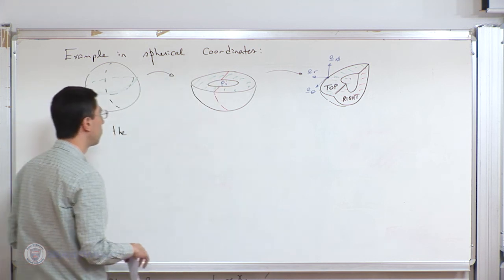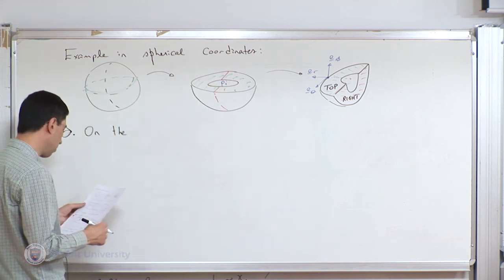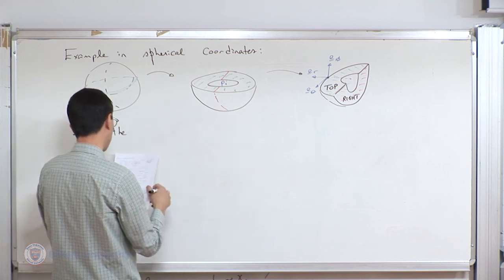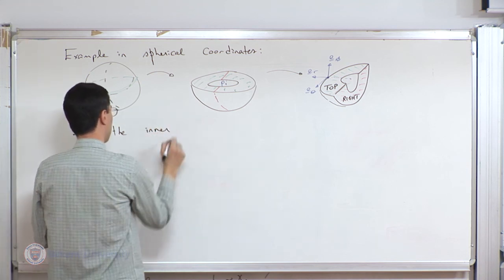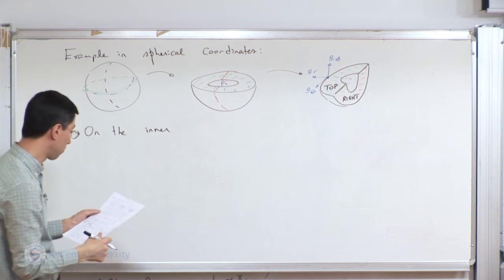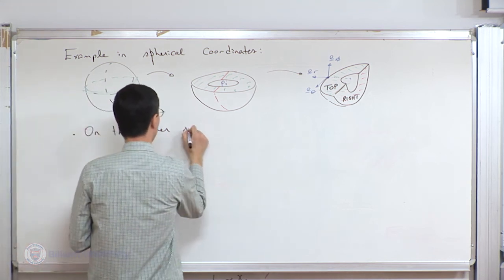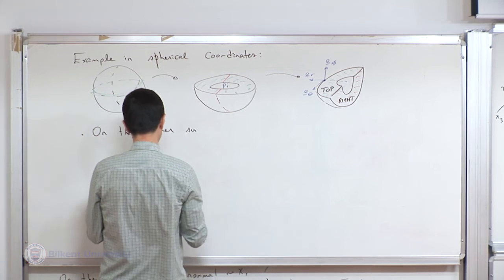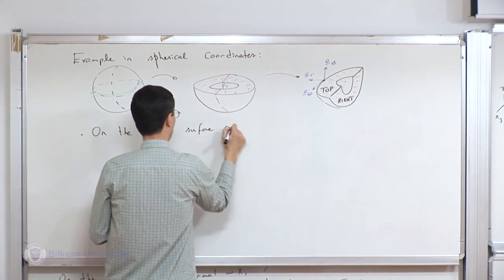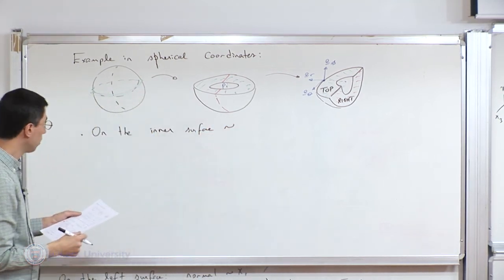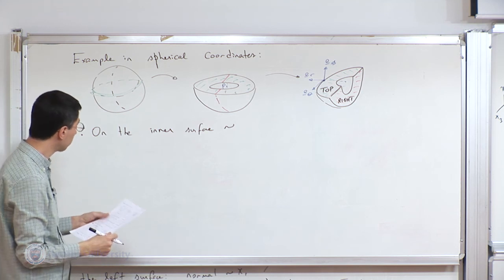So I'm concerned with a simplified example, also to eventually demonstrate a traction-free surface. So the inner surface is this inner cavity. Okay, that's one surface that we have.